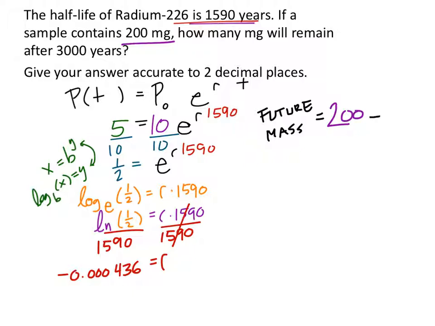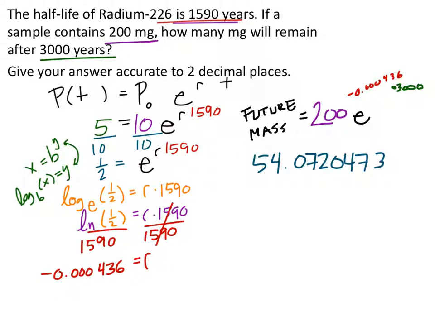And this is going to be multiplied by e to the power of the rate, which is that decimal. Sorry that's so small, I ran out of space right there. And then we're going to multiply that by the time, which for us on this one is 3,000 years. So let's plug this in. We don't need all those decimal places, we'll just keep it at 54.07. And this was in milligrams, so don't forget to label that in milligrams.